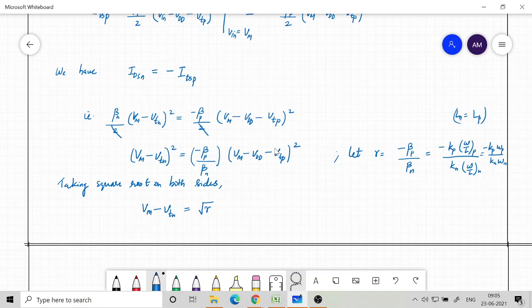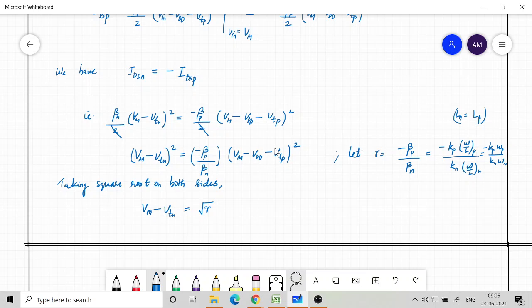Whenever I take a square root, I can take either plus or minus, so I should take the value such that the entire right hand side is positive. How do we ensure that? Vm is going to be lesser than Vdd, so what is inside the bracket is going to be a negative quantity.